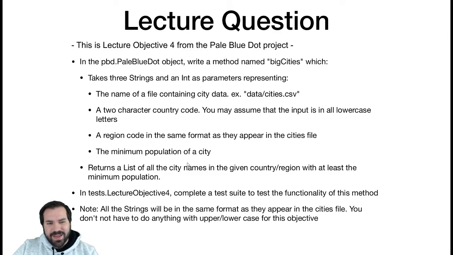That's not right. I'm mixing up. Sorry about that. I'm mixing up lecture objective 3 and 4. This takes a country and a region, a minimum population, and returns just a list of the city names of that population, not a map of names to population. A list of the city names, just the city names, that have at least this population, this equal to or greater than.